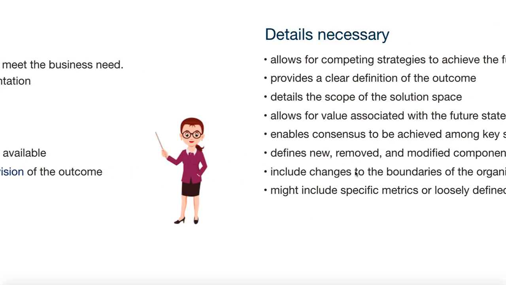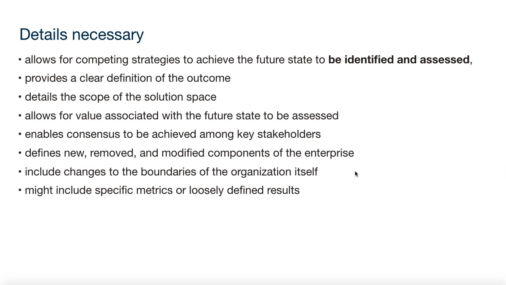Okay, the next one is, as I said, it needn't be too much in detail, but of course there needs to be a certain amount of detail as part of the future state. So the future state should allow for competing strategies to achieve the future state to be identified and assessed.